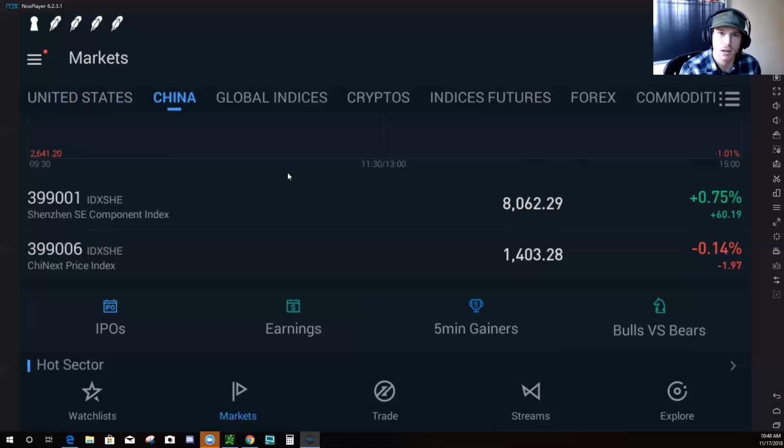When people say the stock market, what is the stock market? The stock market is built up of a bunch of different companies that are publicly traded. That's all the stock market is. So when people say, "Oh, the stock market's doing well today," that means there's thousands of companies right now doing well.